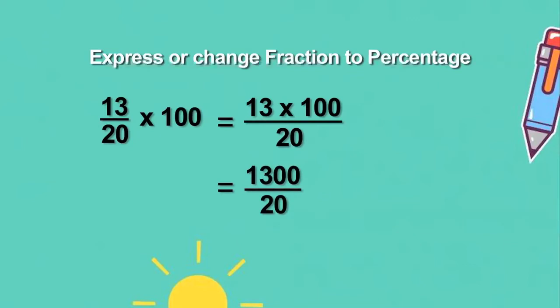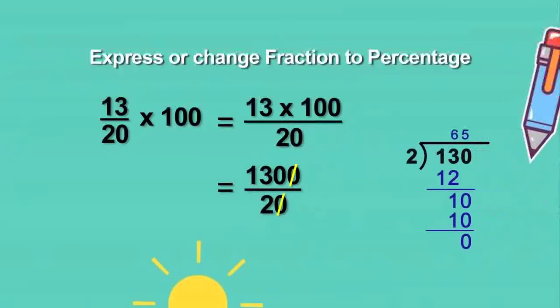We use cancellation method. We cancel one zero in the numerator and another 0 in the denominator. Then, divide 130 by 2, which gives 65%.